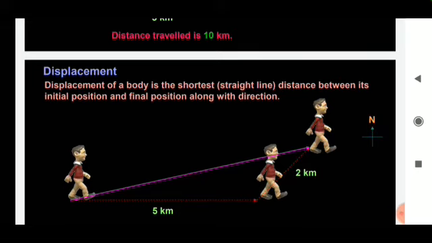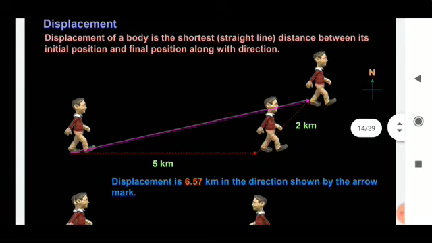Let me see displacement. Displacement of a body is the shortest distance between its initial position and final position along with direction. Here, the direction is important, children. So in this figure, what is happening, see, a person is moving towards 5 kilometers, and once again he is moving to the north.